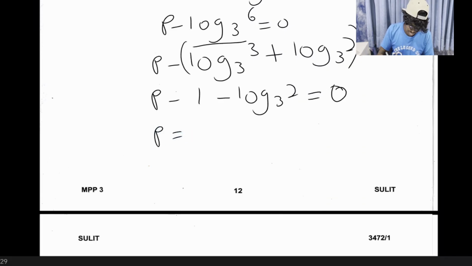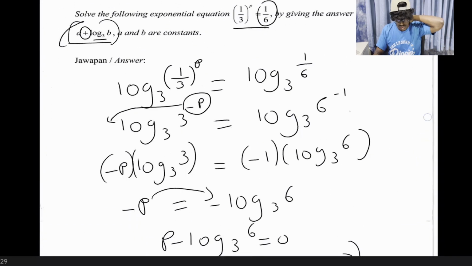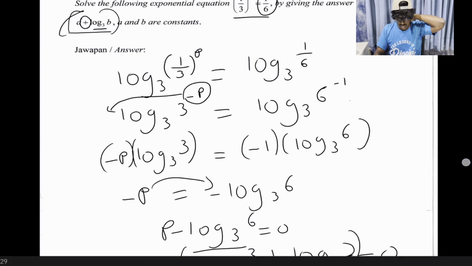So p equals, if you take this 1 over there, it becomes positive 1, and then this side goes over there, it becomes positive log 2, and that's it. That's your final answer. A is 1 and log 2 is B.